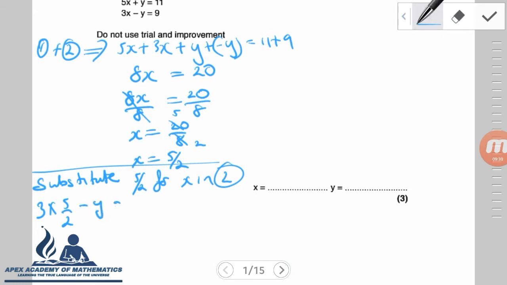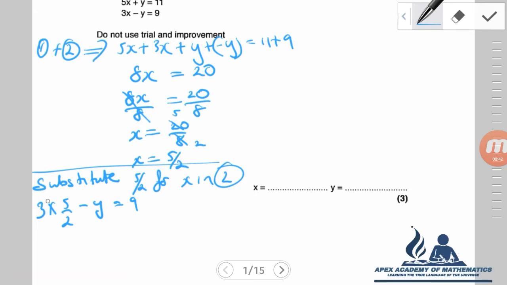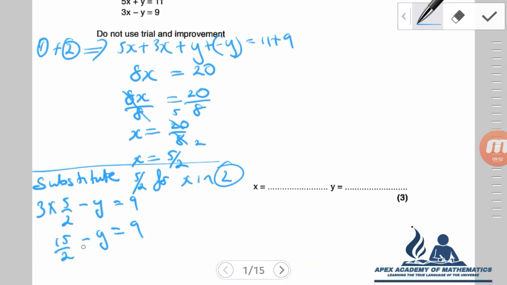Okay, so 3 times 5 is actually going to be equal to 15 over 2 minus y, and that's going to be equal to 9. Okay, now I need to get the y to be a positive. So if I subtract 15 over 2 from both sides, my y will still be negative. I think there's an easier way of doing this where I can simply add y to both sides.